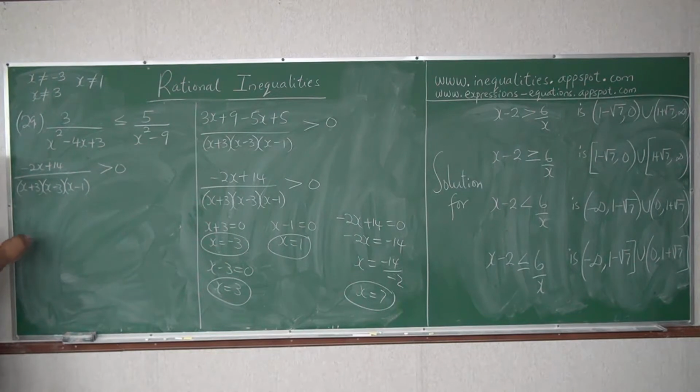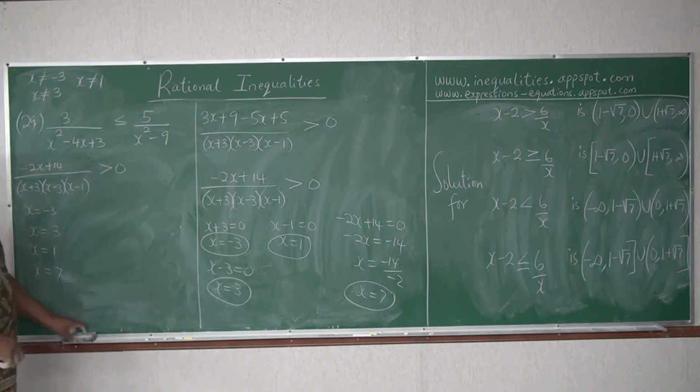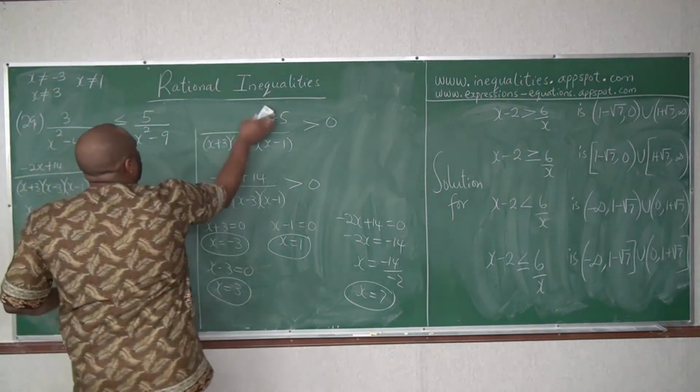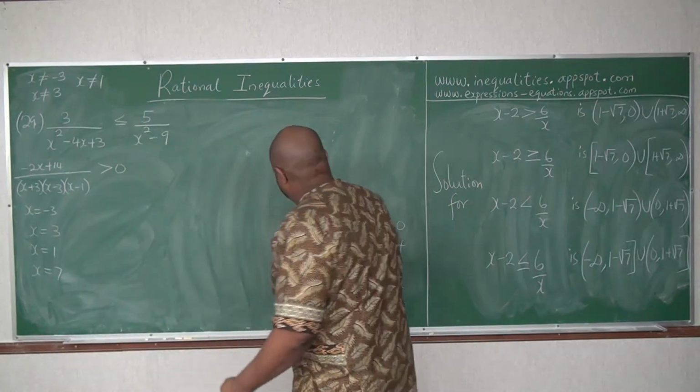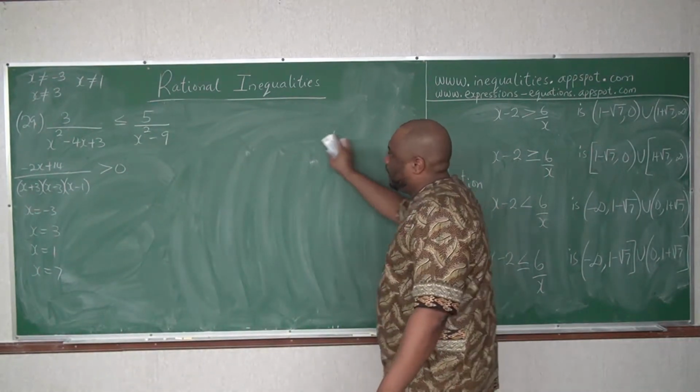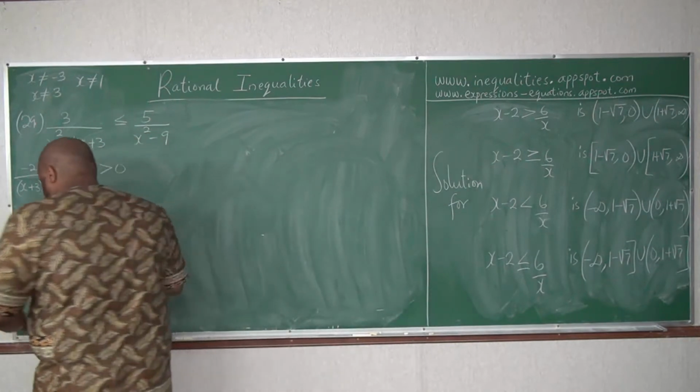So our test points will be x equal to minus 3, x equal to 3, x equal to 1, x equal to 7. Alright, we can now get our test intervals.